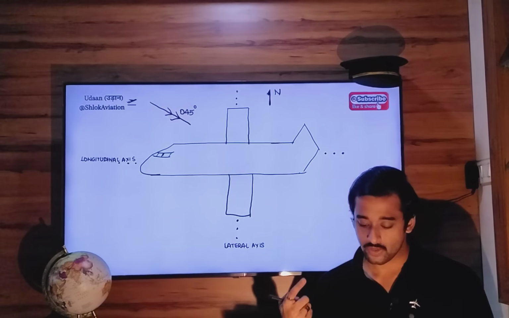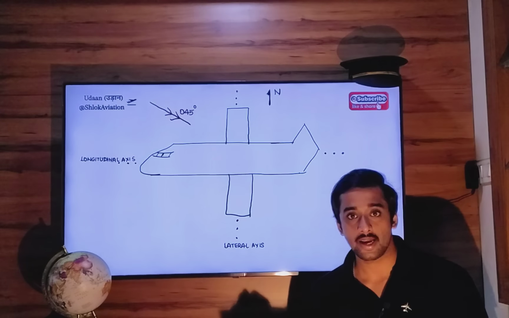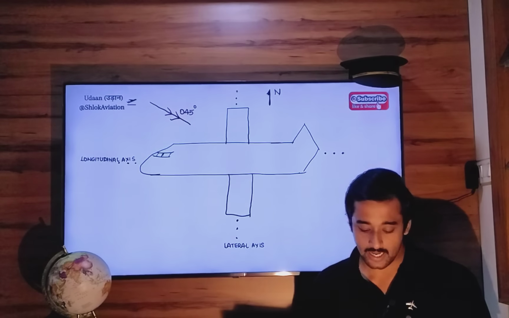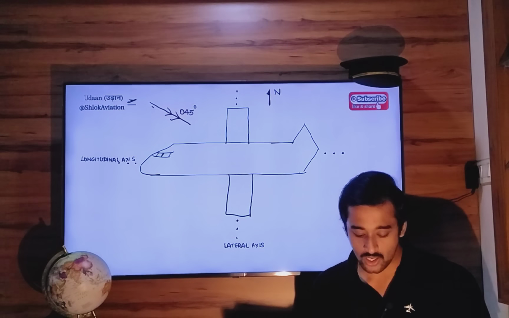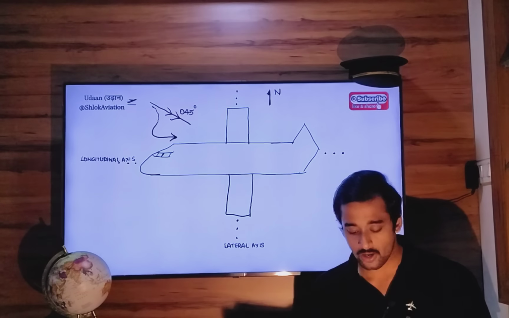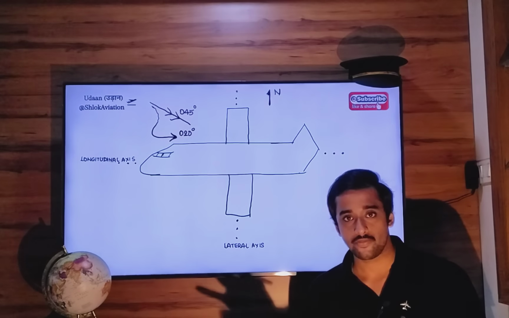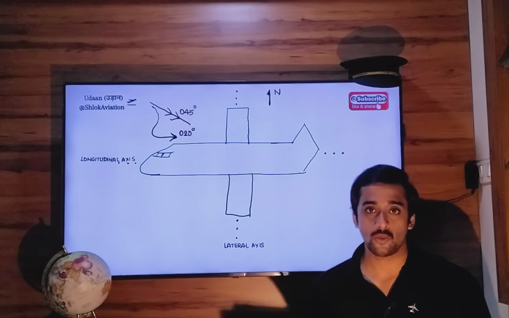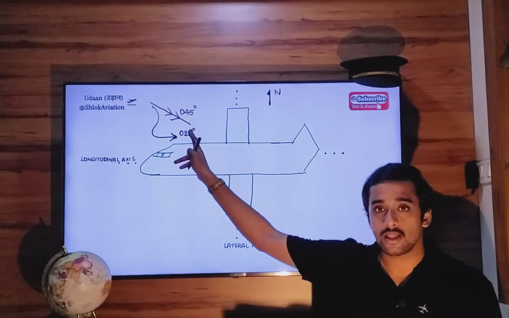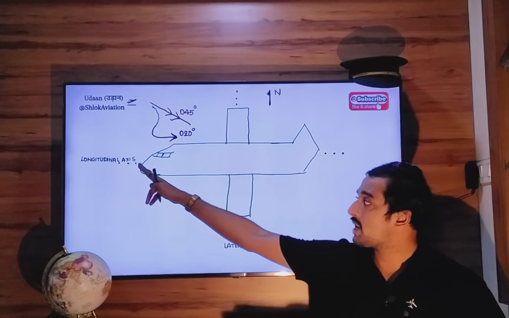Because of this quadrantal error, this radio signal which is coming at 45 degrees will be made to bend around such that, instead of coming from 45 degrees, it comes from an angle which is less than 45 degrees, 020, 030, whatever. The bending will happen to the extent that this incoming radio signal gets aligned with the longitudinal axis of the aircraft.